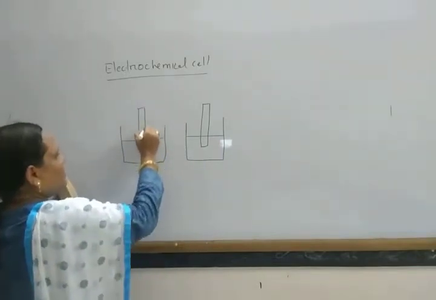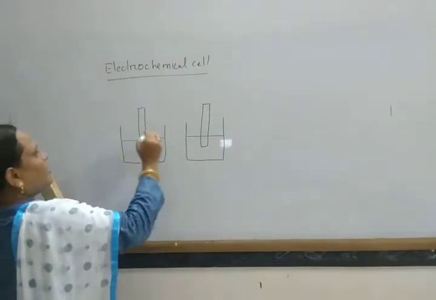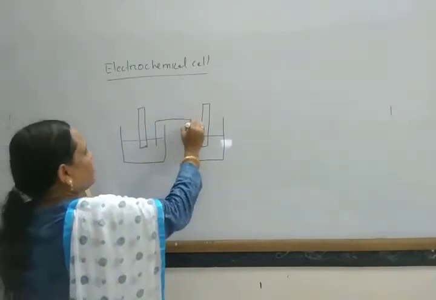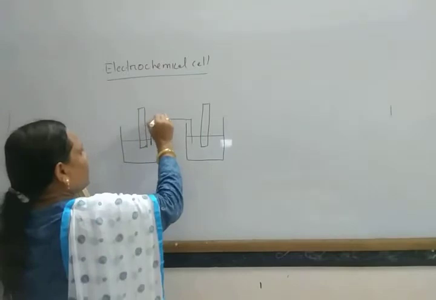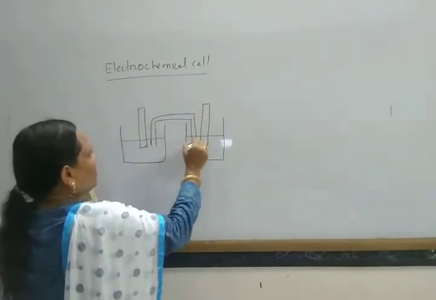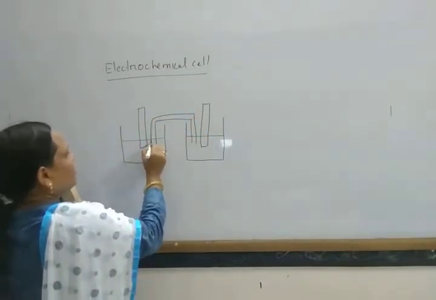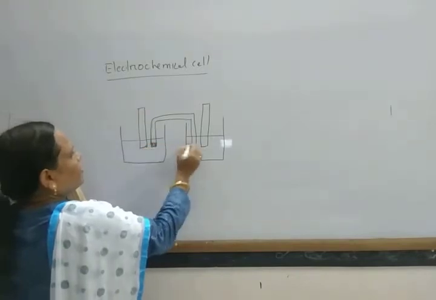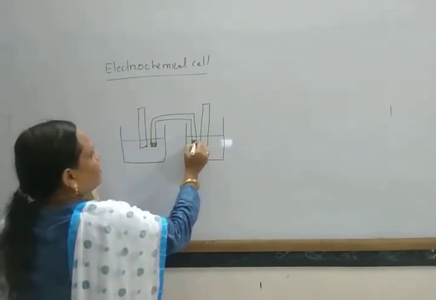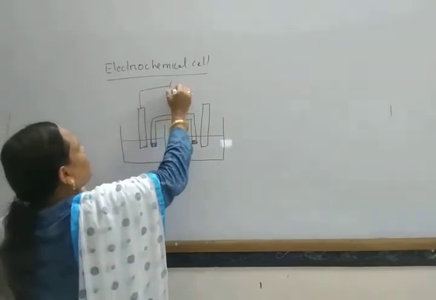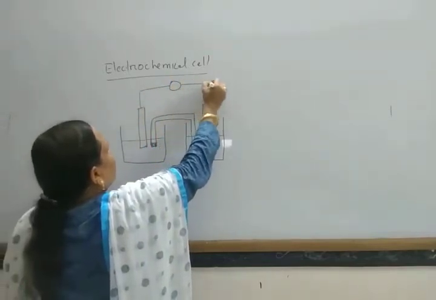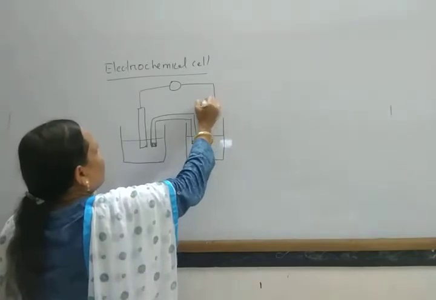The two electrolytes are connected internally through a salt bridge, and the two electrodes are connected through a conducting wire and a galvanometer.